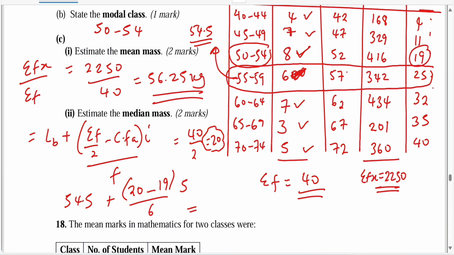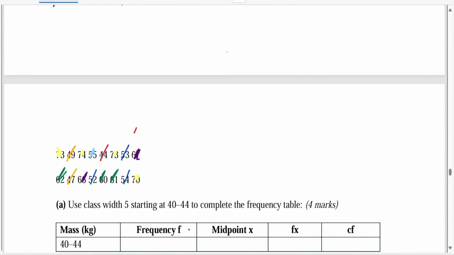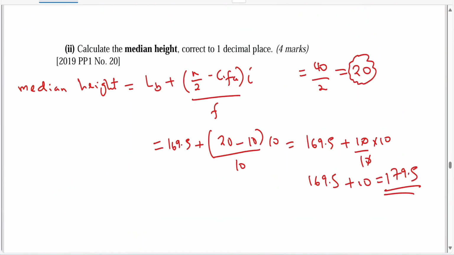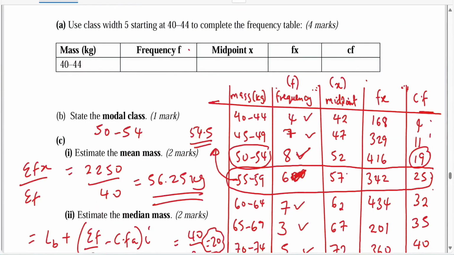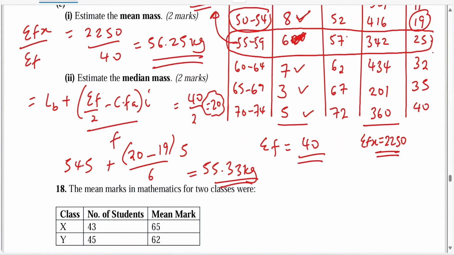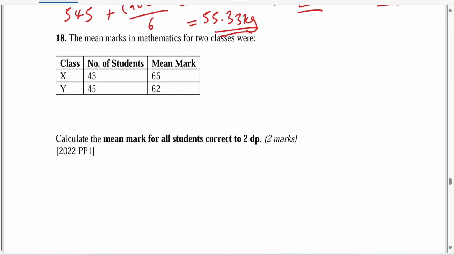I think if this lesson ends, uko sawa na hizi mambo na statistics and everything. So answer hapa ni 55.33 kg. And this one, by the way, there's somewhere ambapo correct one decimal place. Iko sawa 179.5. So it's corrected already. I was confirming that. But the answer for this question is 55.33 kg.